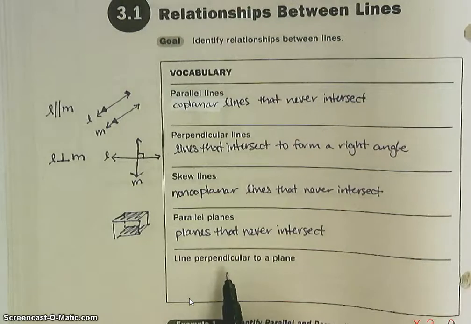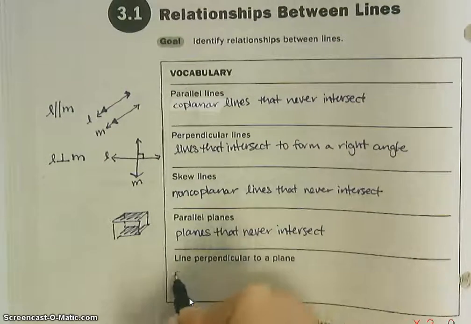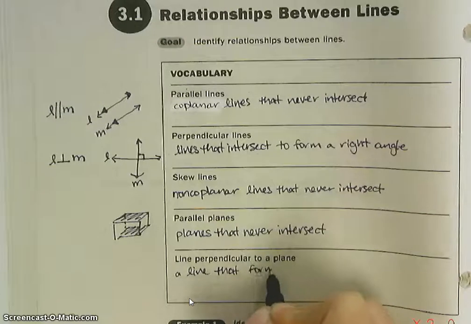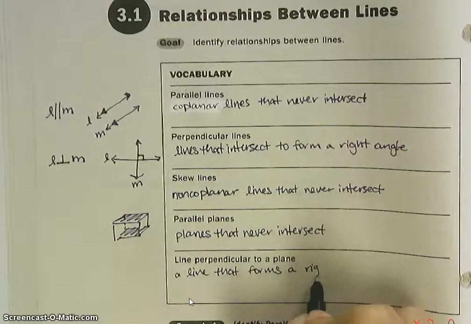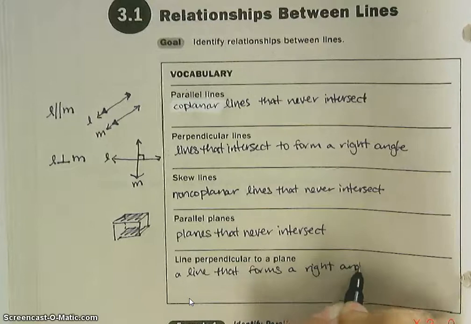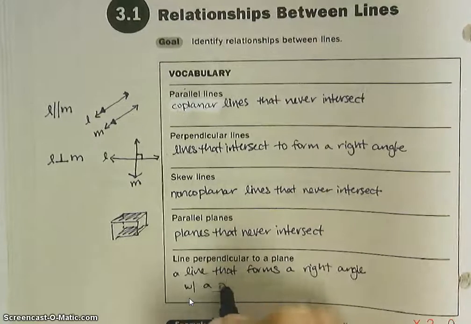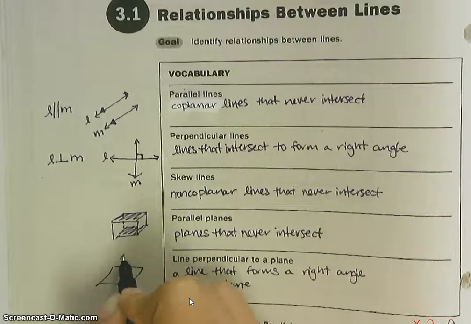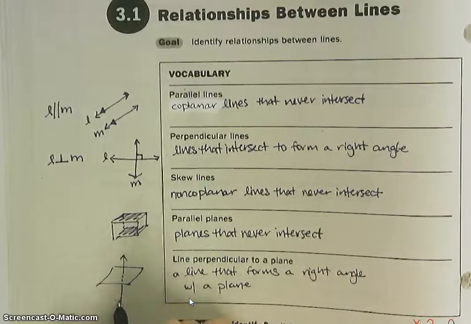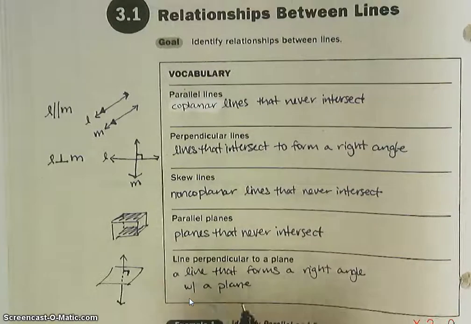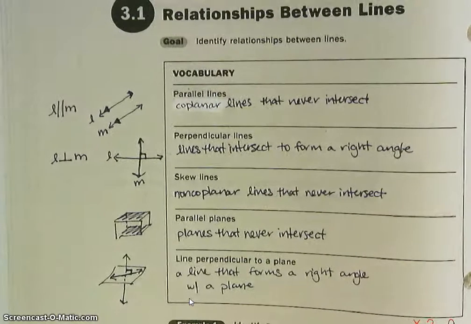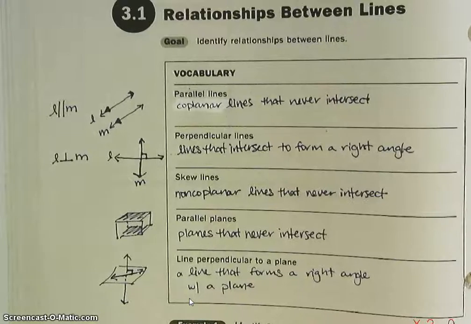And a line perpendicular to a plane is a line that forms a right angle with a plane, and therefore forms a right angle with the lines that intersect it in the plane. I'm going to try to draw this in 3D for you so you can see they're making a right angle there. If we were to have a line in here, they would make a right angle. So that's a line perpendicular to a plane.